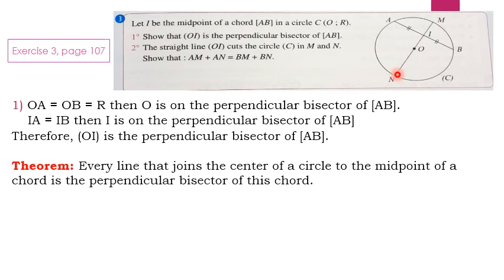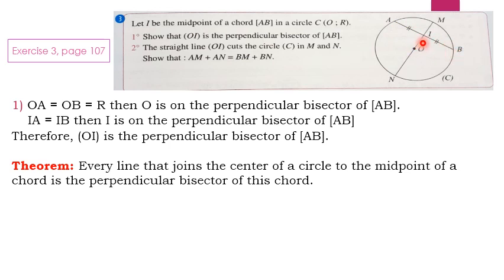perpendicular bisector. Here there's a theorem that you should know. Every line that joins the center of a circle to the midpoint of a chord is the perpendicular bisector of this chord. Here the center is O and we have chord AB.